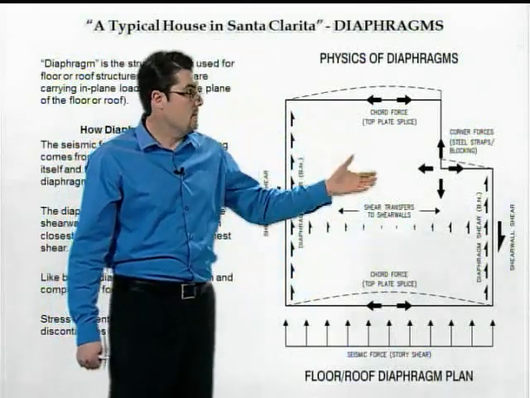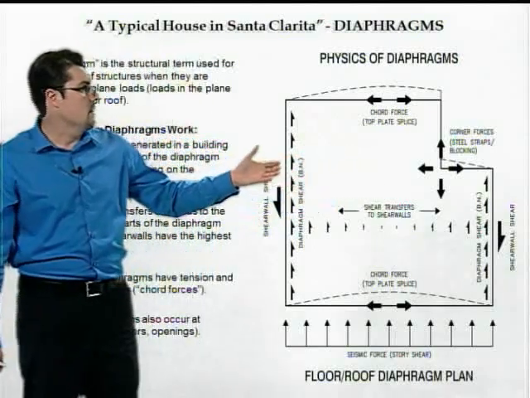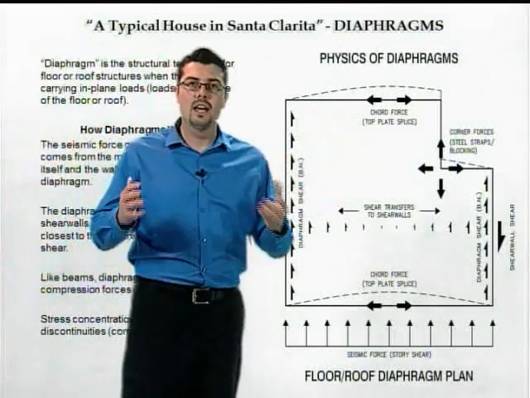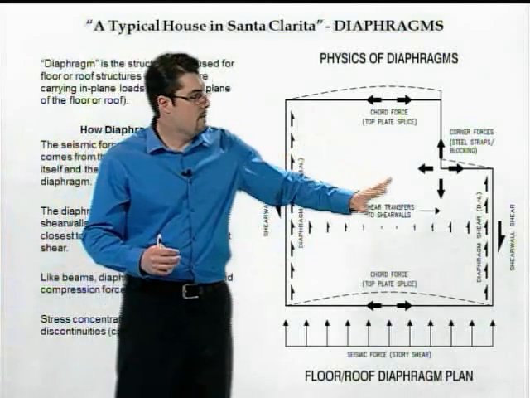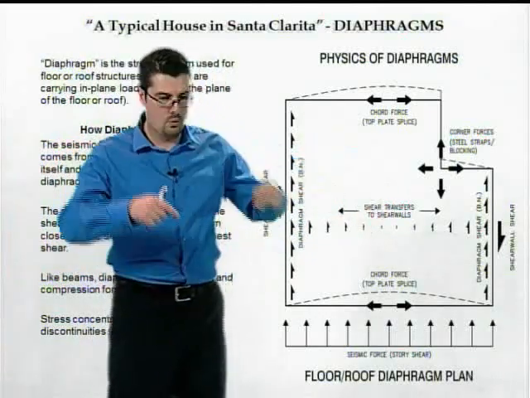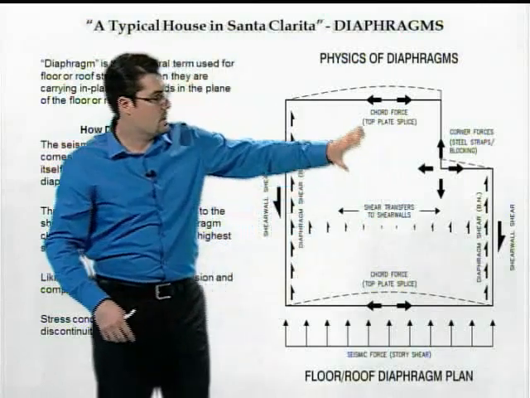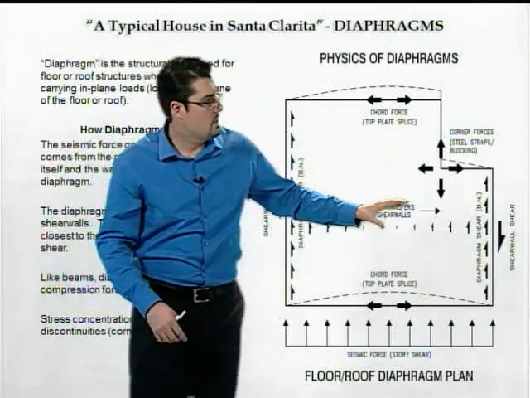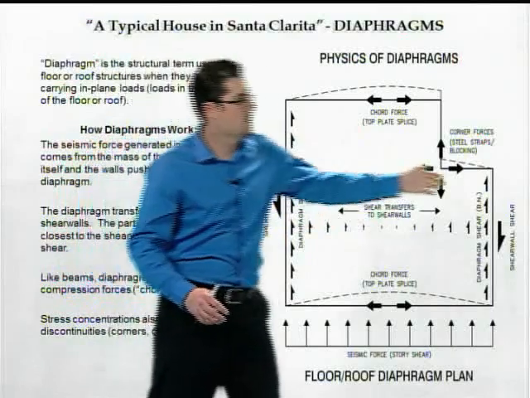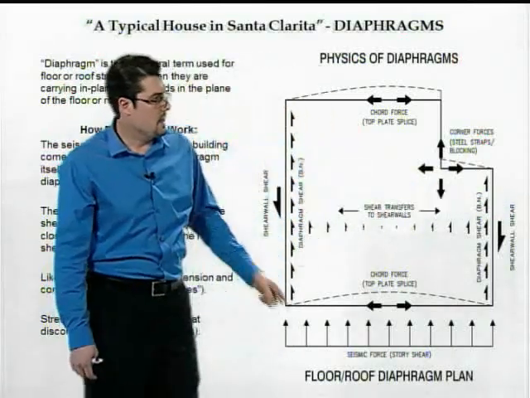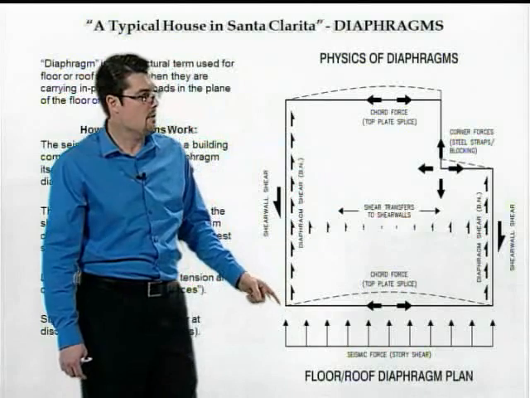And of course, let's start with the physics of diaphragms. Diaphragms behave like beams. This is a floor in plan, so we're looking down on our structure, and you'll see that the diaphragm spans from one side of the structure to the other. And it's loaded by lateral forces.